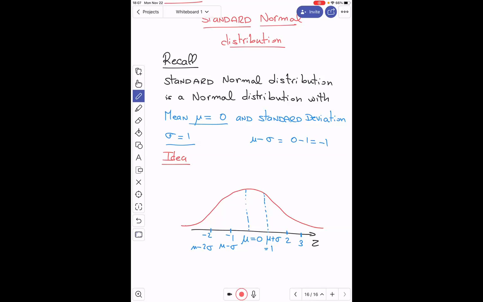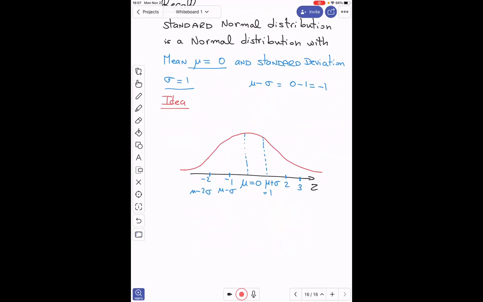Now, the idea is the following. We need to compute, let's say, the probability that your variable z is less than some number. Here z is the variable of the standard normal distribution.